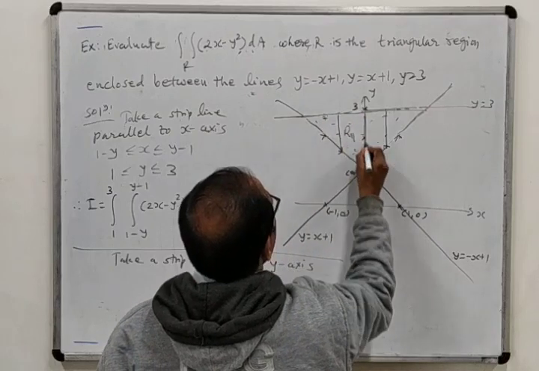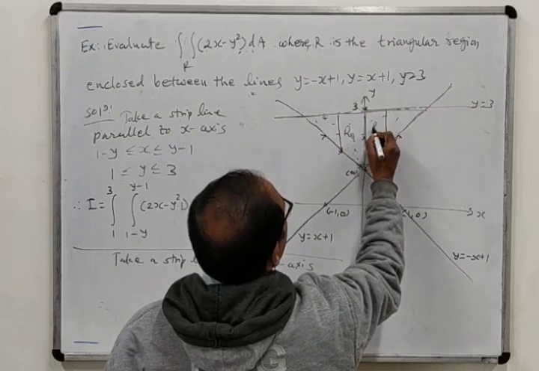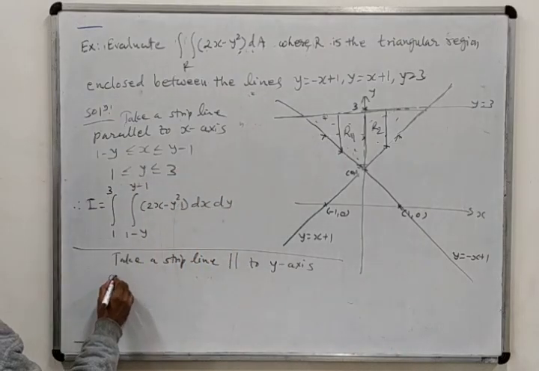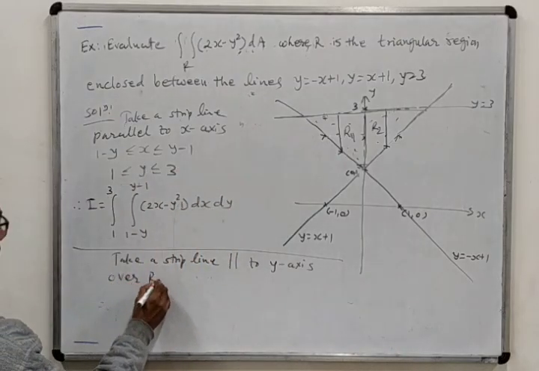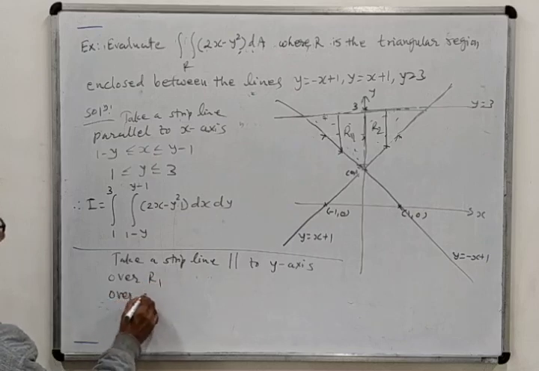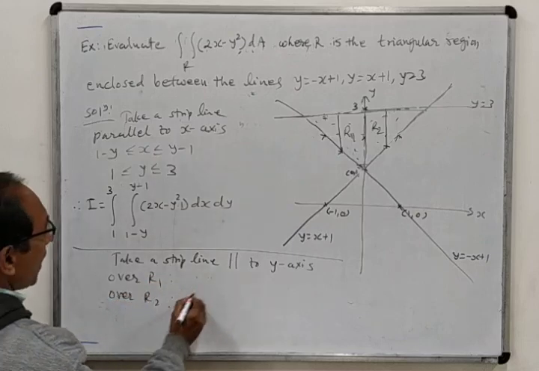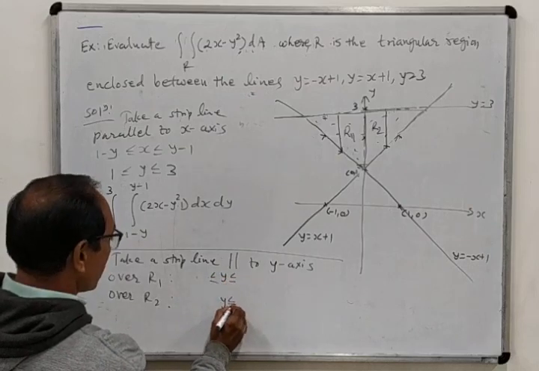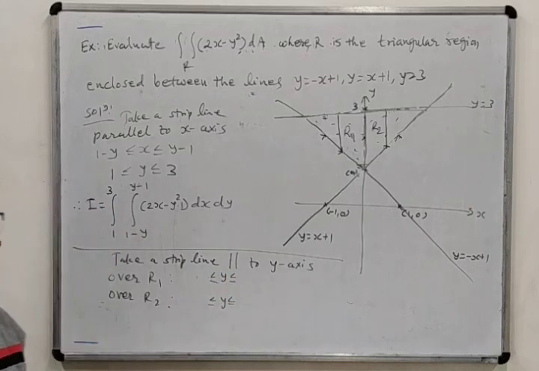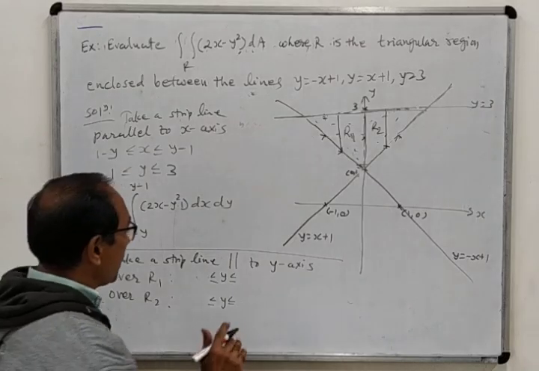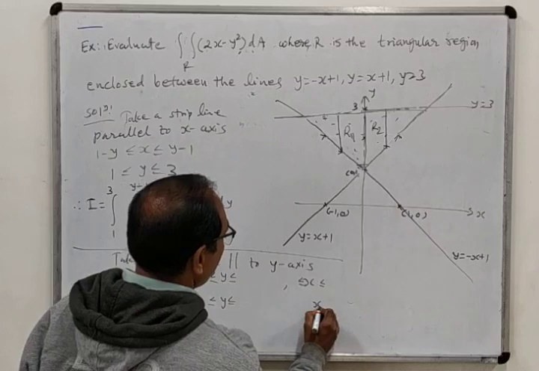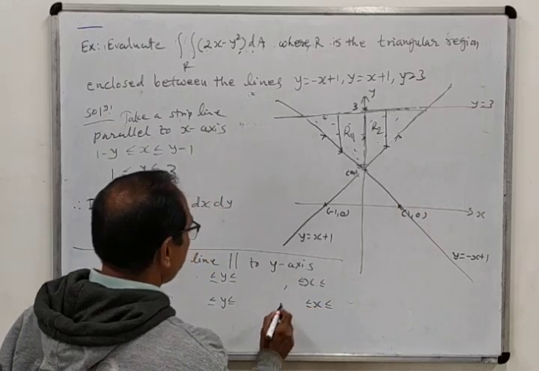This as first region R1 and this region as R2. Okay. So here we will have to determine the limits over R1 and over R2. Over R1 we will have to determine the limits of first y, and the same in R2. We need to find out the limits of y and then the limits of x. Okay.